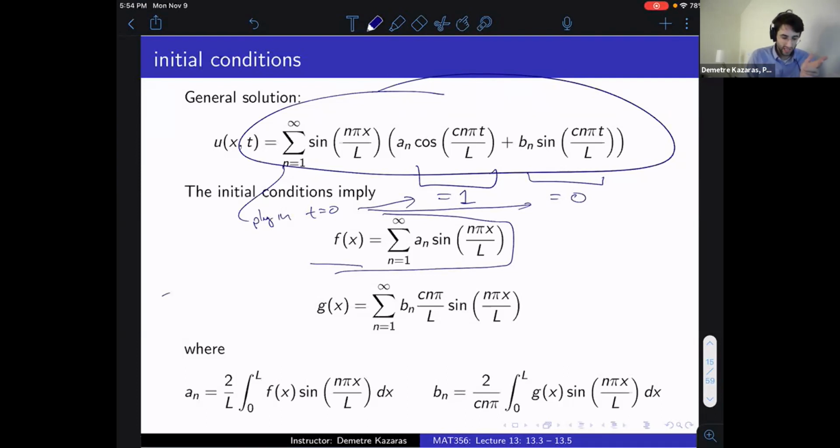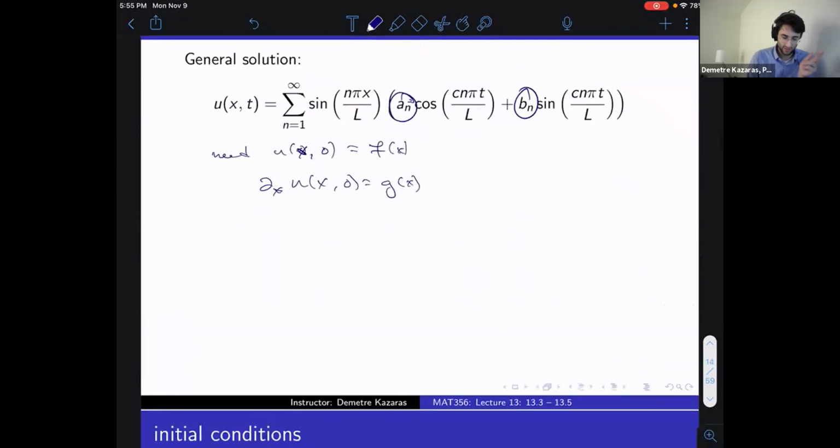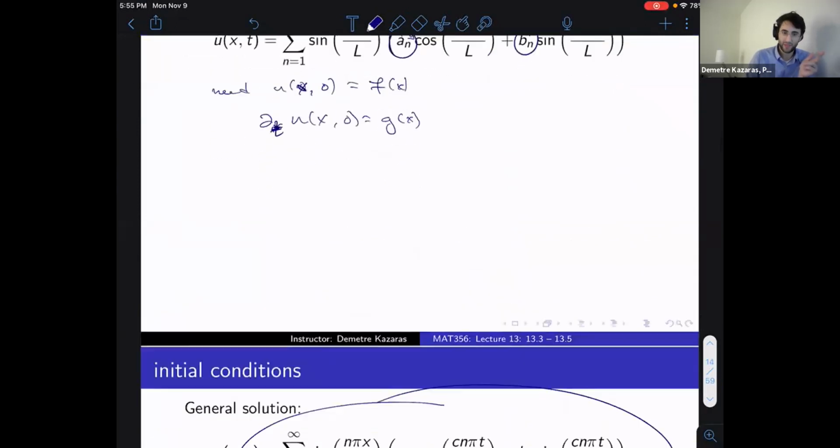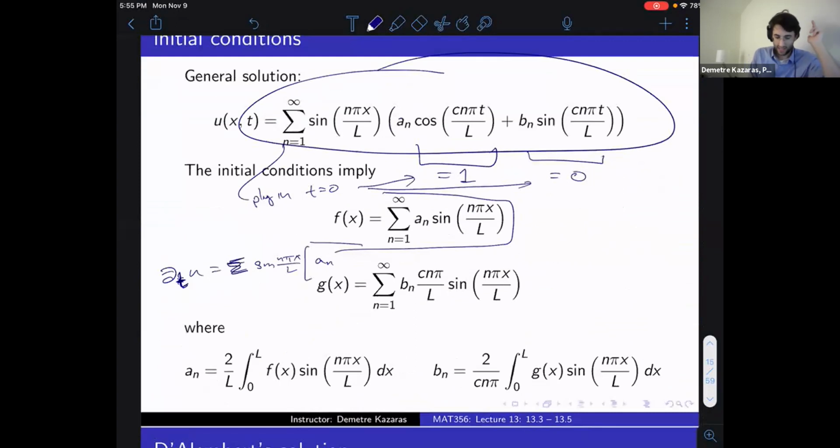Now, on the other hand, if you take a derivative with respect to t of u, what do you get? Well, you get the sum of a bunch of stuff, sine n pi x over L, then you get the a_n times the derivative of the cosine stuff. Now we're taking t derivatives. Before I said x, this should have been a t, my mistake, sorry. So it's a_n times the derivative of cosine, which becomes a sine.